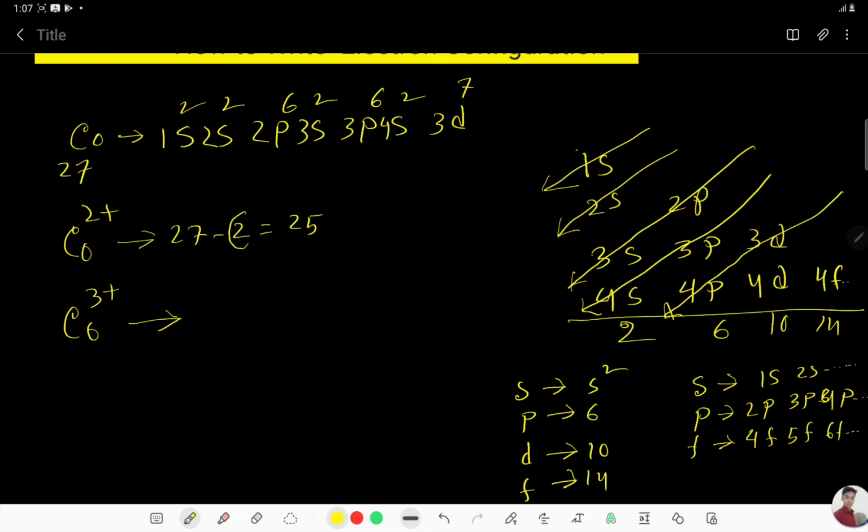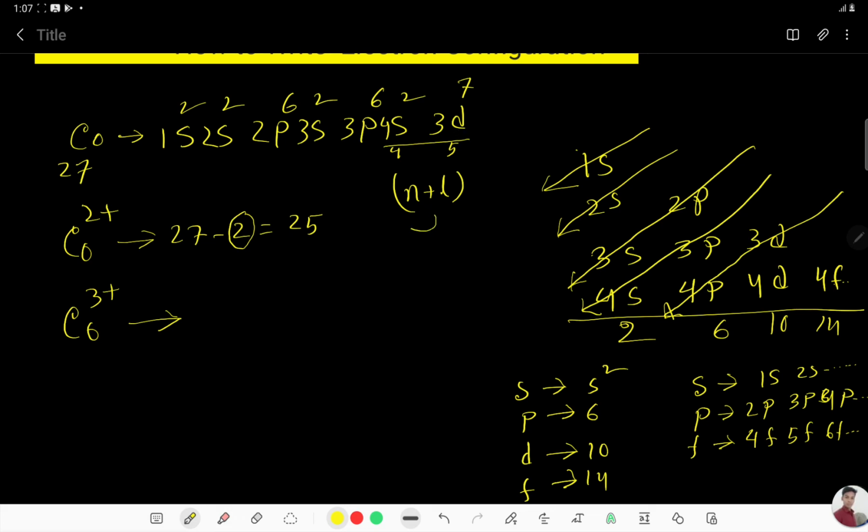These 2 electrons will go from which subshell? You know that electrons usually go from the highest energy subshell. Look, the n plus l value for 4s is 4 plus 0, that is 4, and for 3d, that is 5. So 2 electrons should go from this 3d, but this is not the right case.